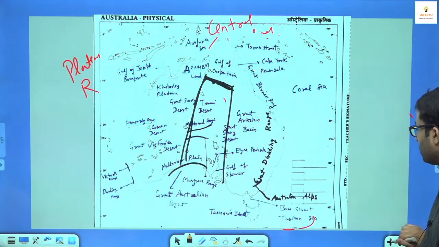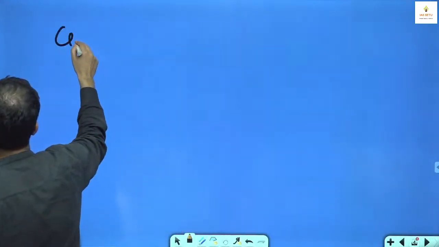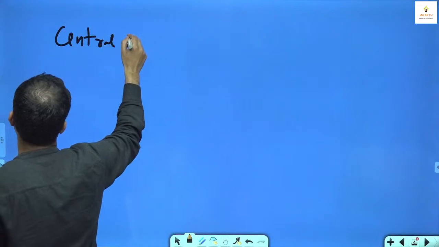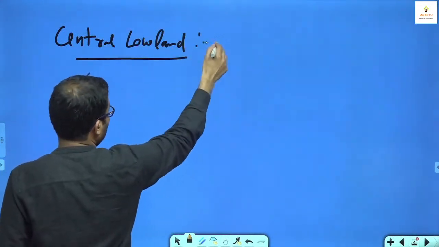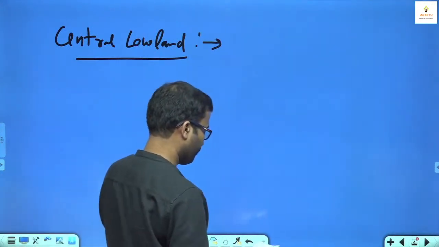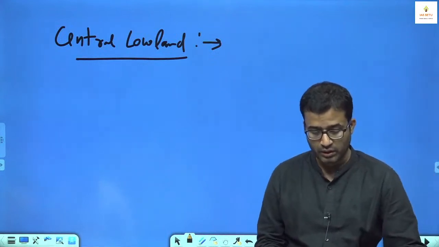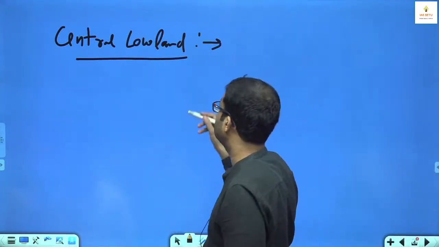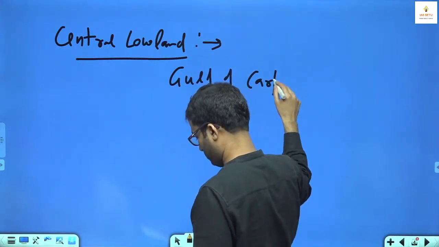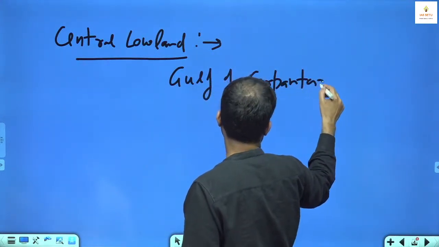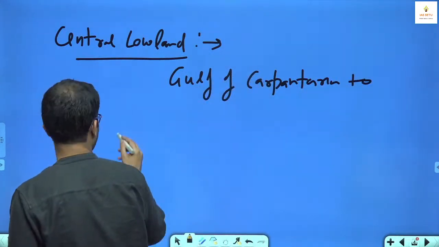So we put heading Central Lowland. For the Central Lowland, you can note down, it lies from Gulf of Carpentaria to Great Australian Bight.